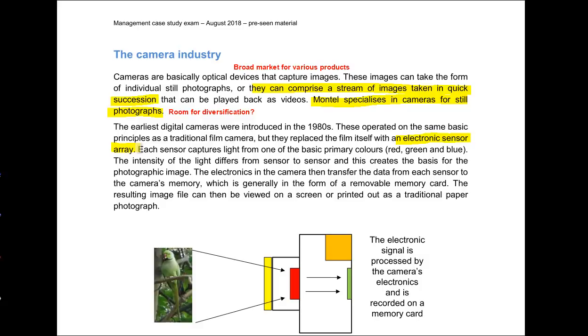So with this in mind, we're thinking about possible specialisms that Montel could move into. Typically, if you've looked at the camera industry at all before now, you will have seen there's a lot of talk about smartphones breaking the market and making sales decline, and mid-range or low-range cameras being defunct.